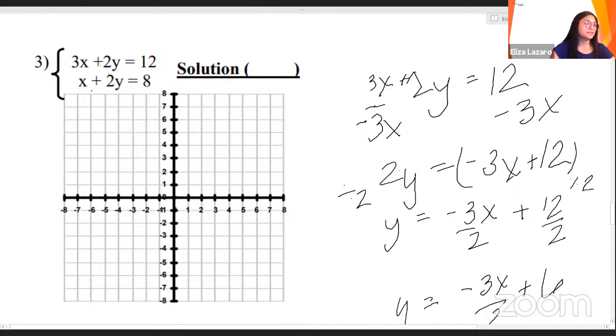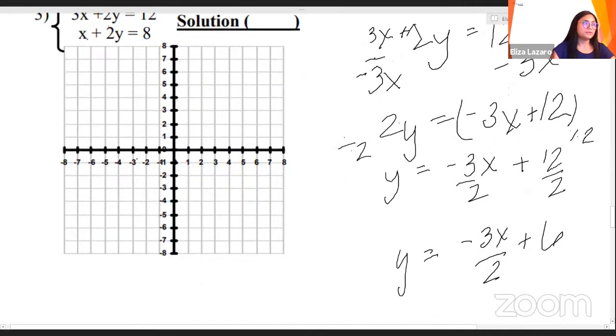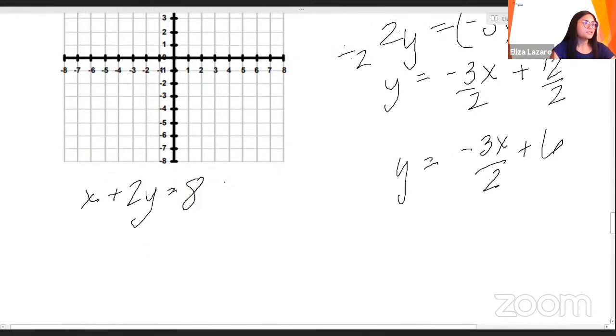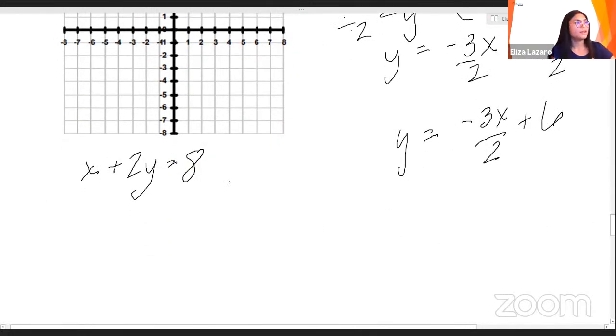We're going to do the same thing to the next one. x plus 2y equals 8. So first thing to do, simplify, can't simplify. Then we're going to try to get y by itself, so it will look like the slope-intercept form equation, which again is y equals mx plus b.